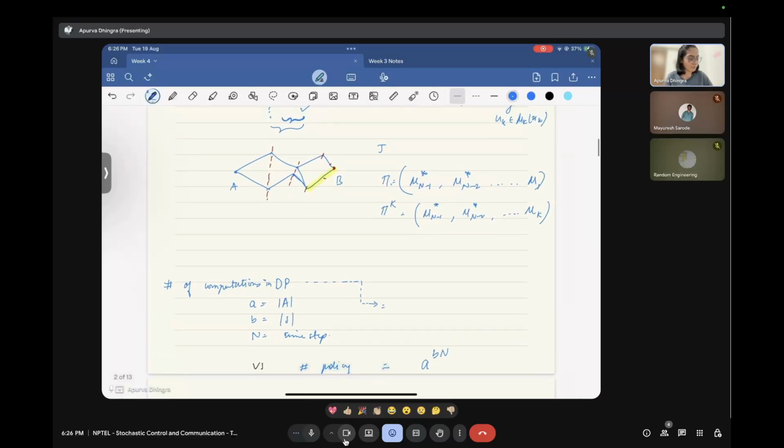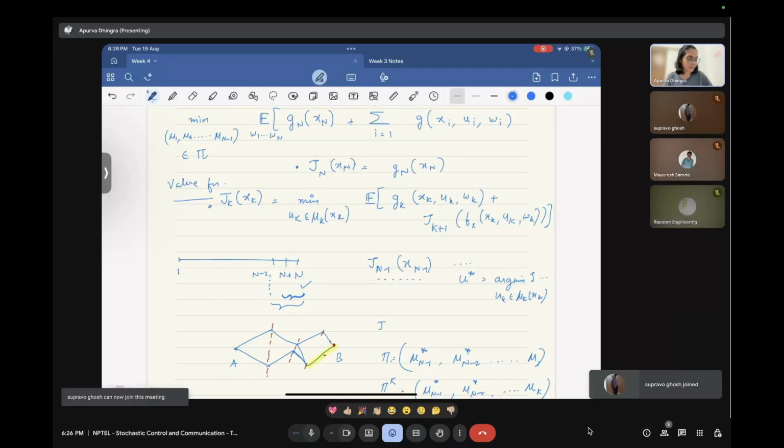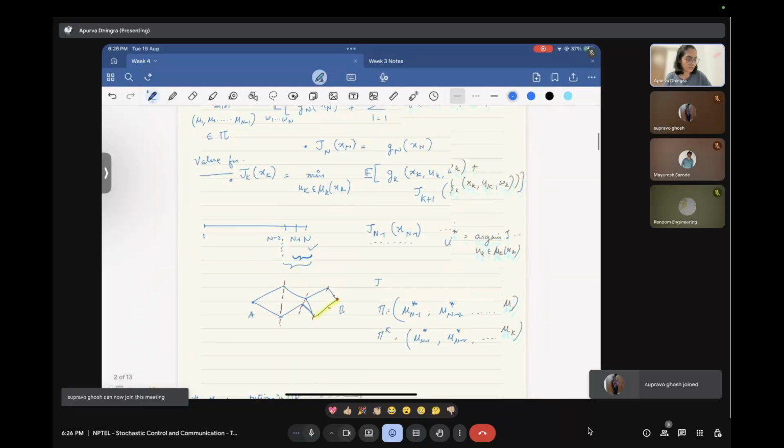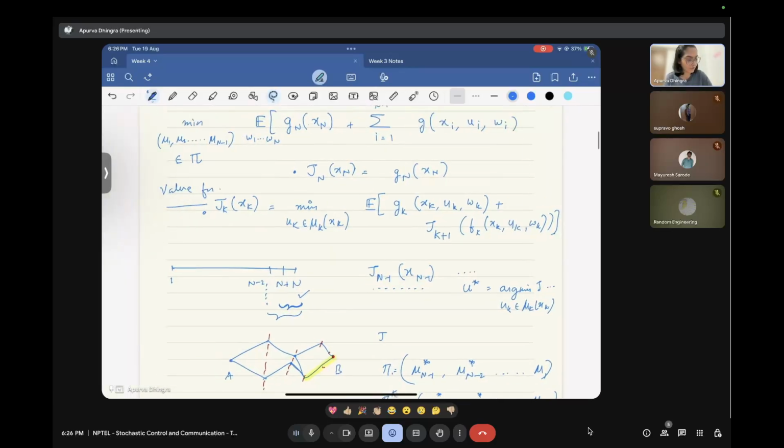Now, what is the number of computations in the DP algorithm? Let's look at a general scenario, JKXK. First, this needs to be evaluated for each xk. That's point number one.